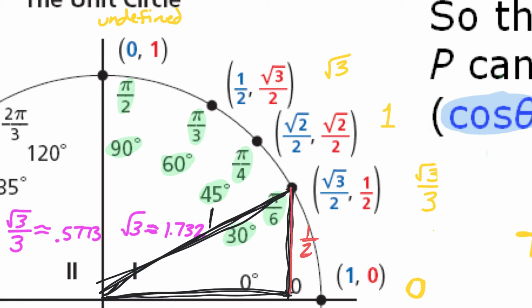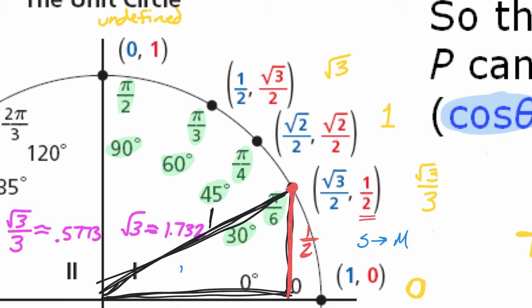Which, of course, if we look on the coordinate plane, how far we go up is the y value. And as we said at the beginning, the y value is the sine value. And if the small side is 1/2, it's been a while probably since you've done this, but to go from the small side of a 30, 60, 90 triangle to the medium side, we have to multiply times the square root of 3.